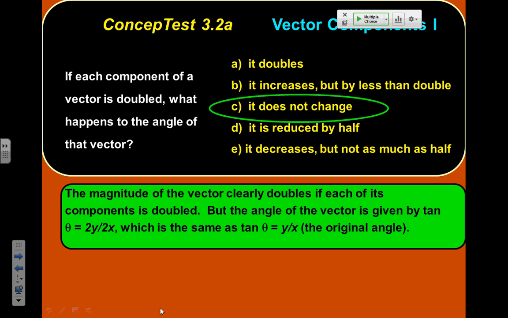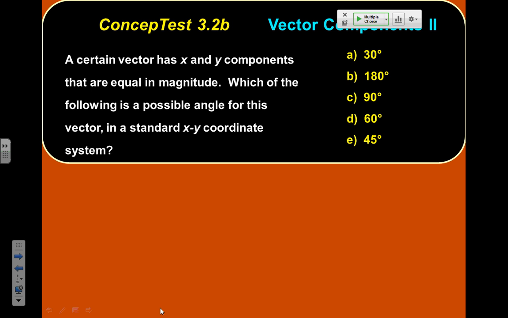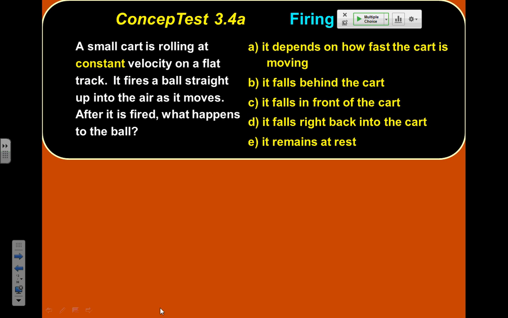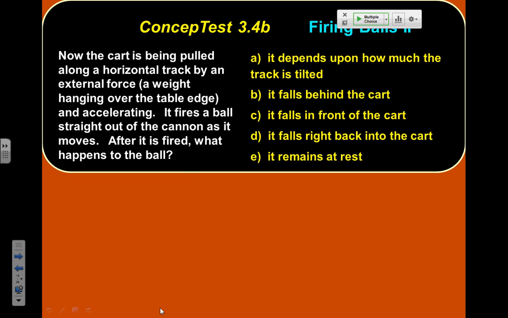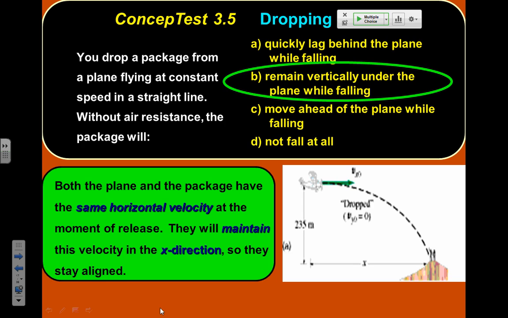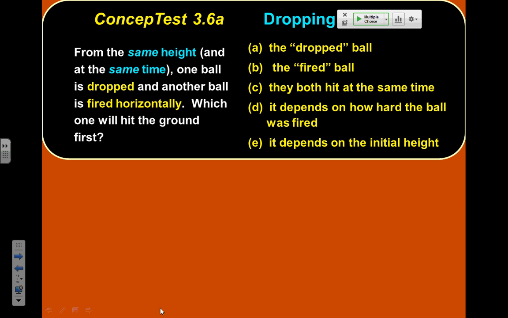Where do we leave off here? Does somebody know? 3.6. Yeah, we did this one. This one is where we left off? Okay.